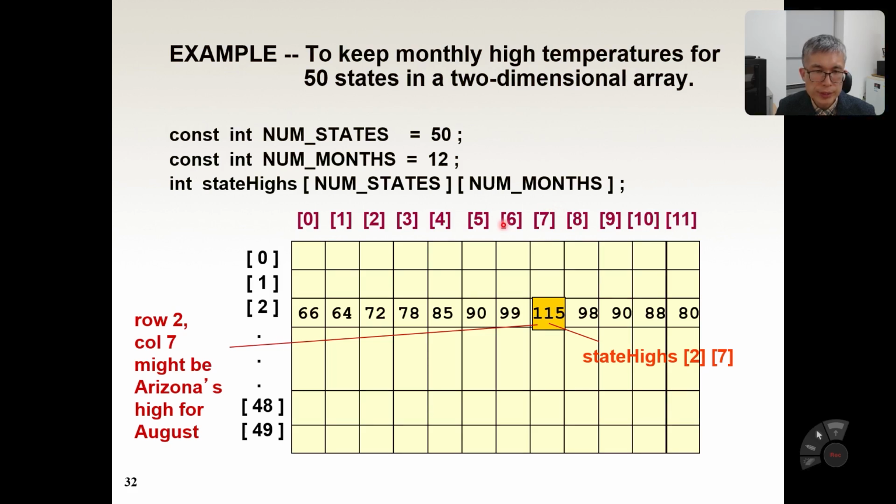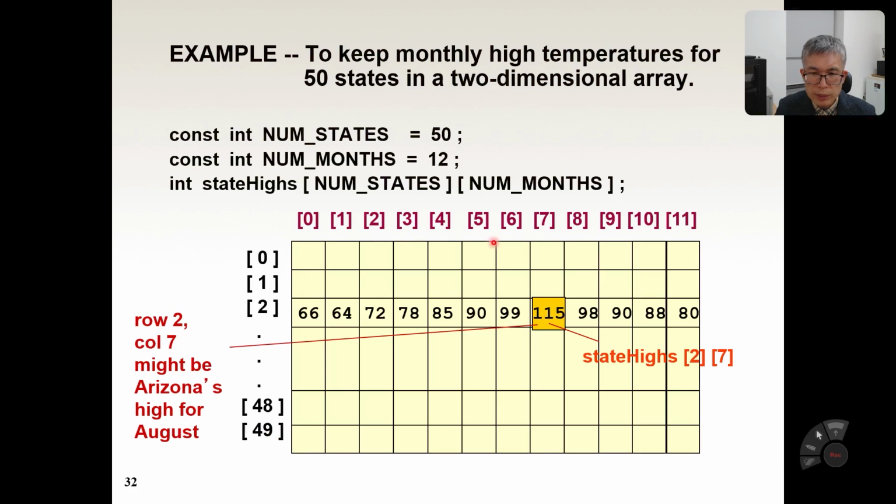Two-dimensional matrix. The example is to keep monthly high temperatures for 50 states in a two-dimensional array. So rows 0, 1 up to 49, okay. 50 states in the United States.